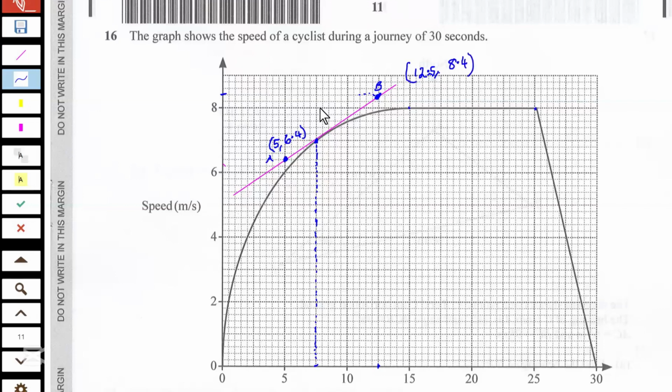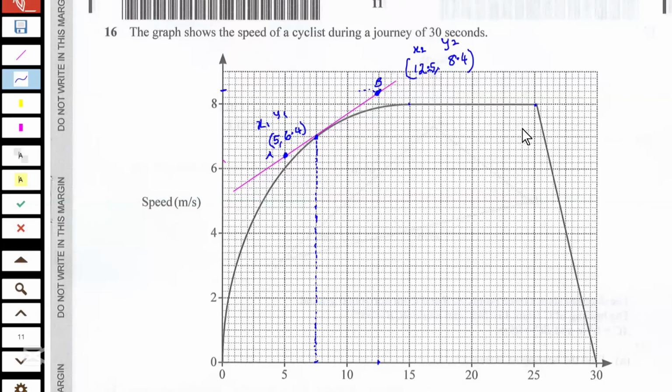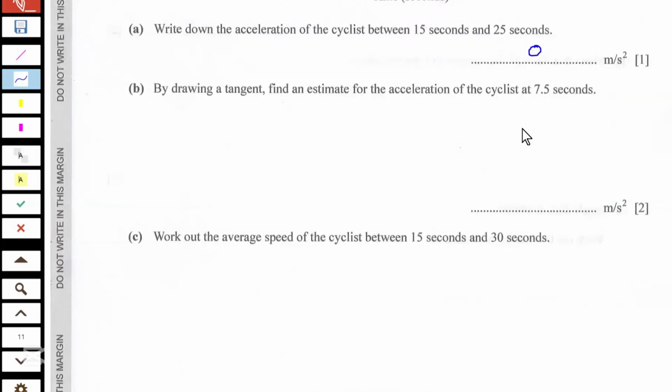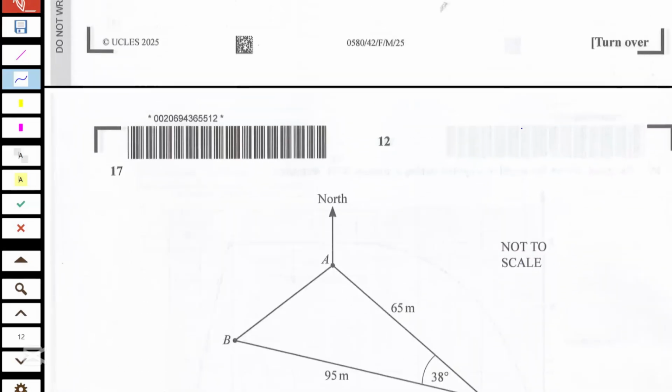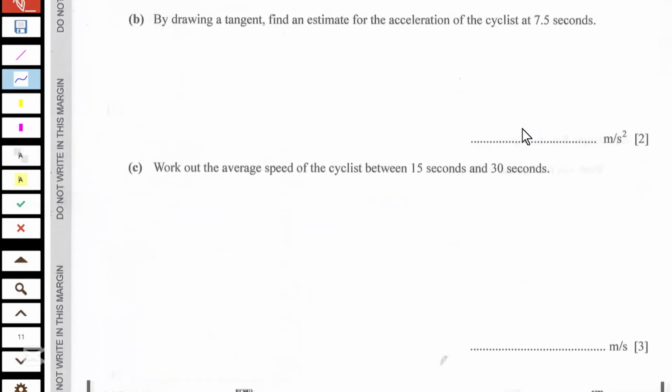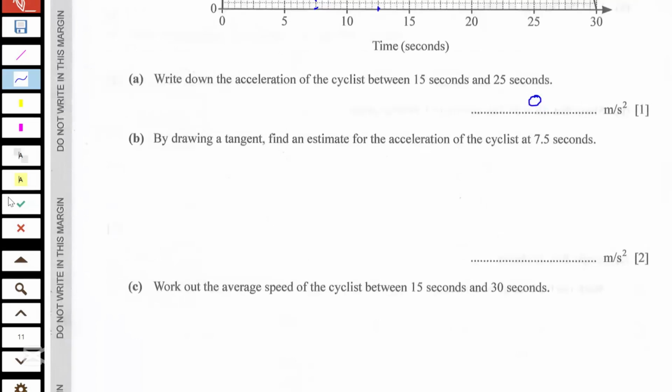So let's label this as X1, Y1, X2, Y2. So the gradient in this case will be equal to Y2 minus Y1 over X2 minus X1.